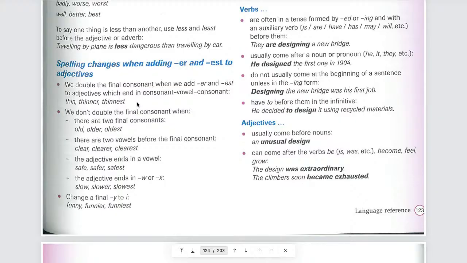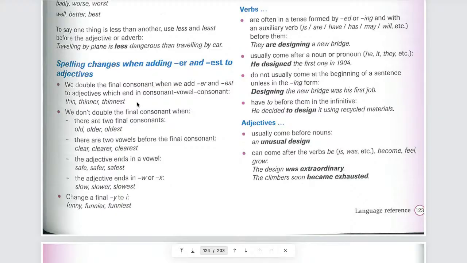Look at this, guys. Look at this word. Thin. Do you know vowel? Vowel is some letters like here. That's what we call vowel. In Vietnamese, what do we call it?